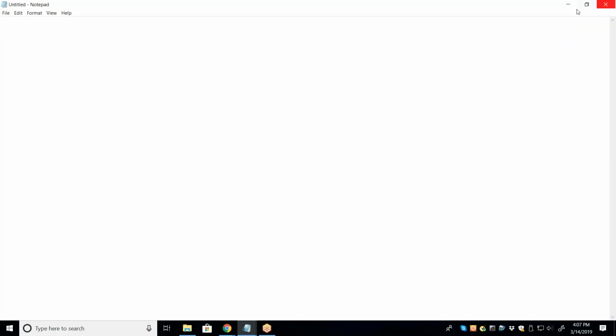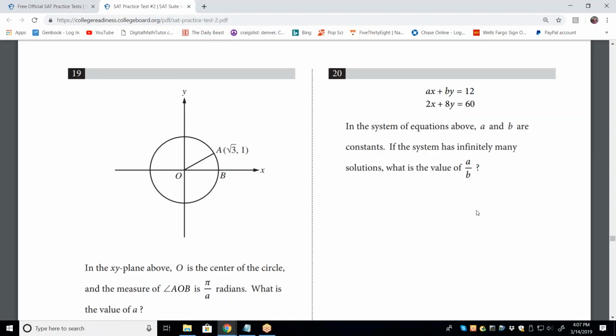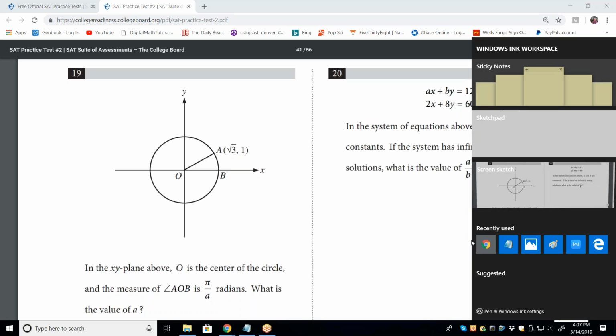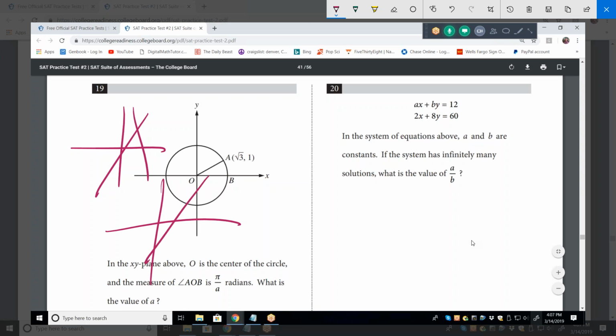Now let's go back and look at our problem. Says it has infinitely many solutions. Okay. That means that it's not a specific solution, so it's not this. Infinitely many means where one equation is just the multiple of the other. Okay?